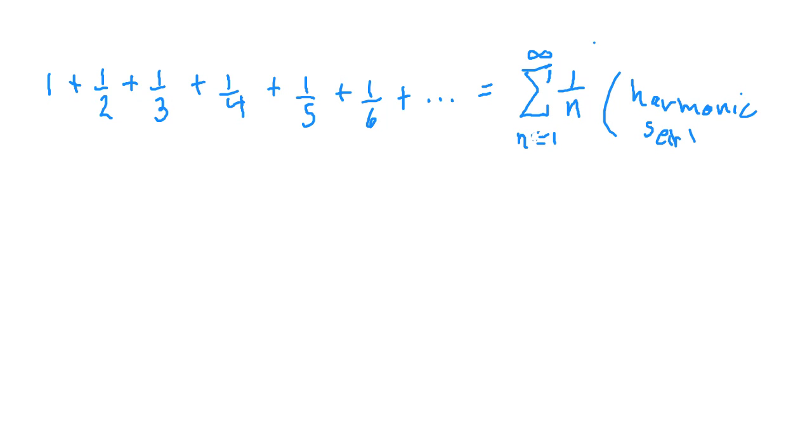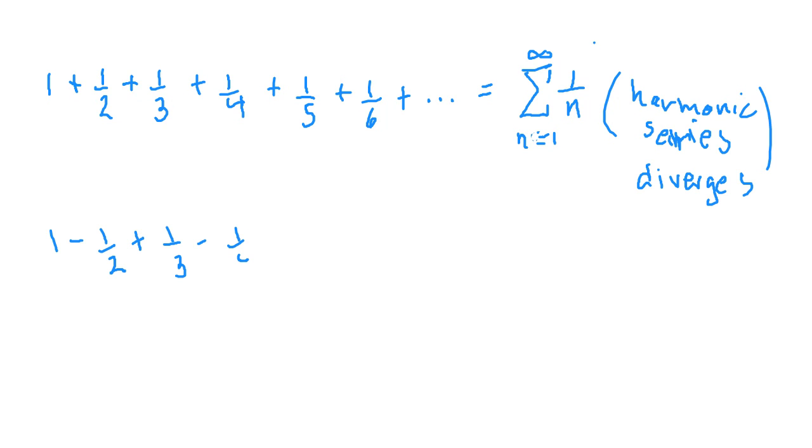So all right, let's continue here. The harmonic series, and that's correct, class, diverges. Now let's look at another series. Let's look at 1 minus a half, and you just saw this series: 1 minus a half plus a third minus a fourth plus a fifth minus a sixth.